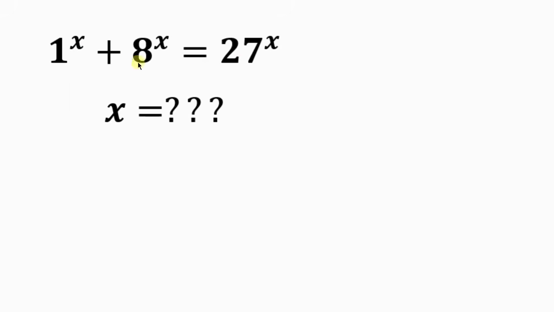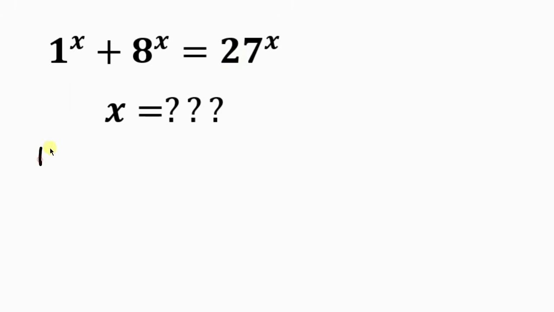Now, when we have a question like this, the first thing we do is to divide through, which is divide each of the terms by 27 to the power of x. We're doing that so that we have 1 on the right hand side. So let's go.